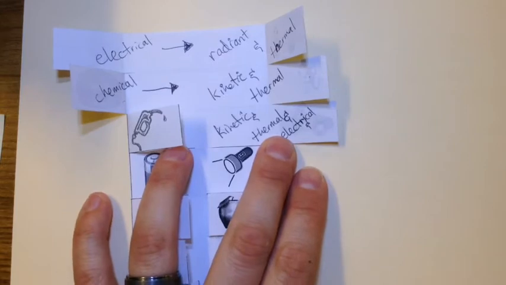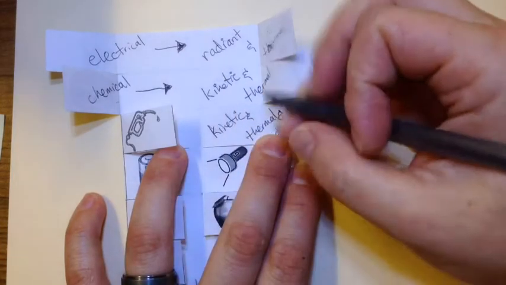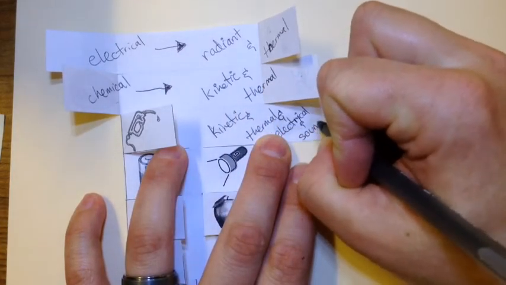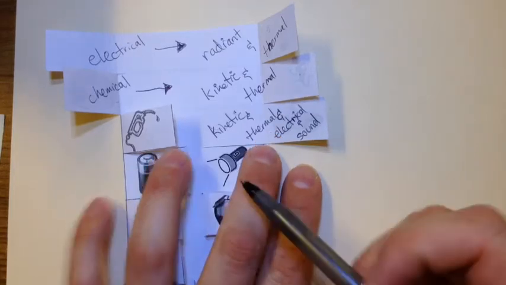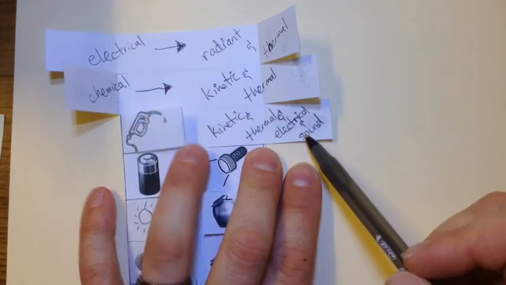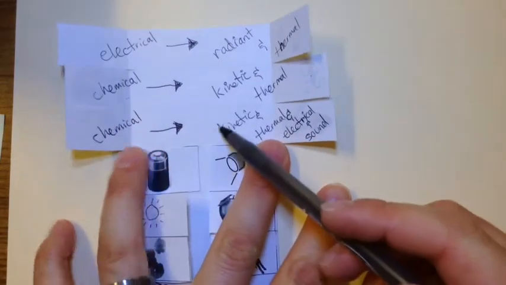Another not intentional, but natural byproduct of a motor running is sound. And sound is a form of energy. Now, unless it's a Harley, sound usually isn't the purpose, but you get sound out of it. Okay? So we get all sorts of energy produced from this transformation.